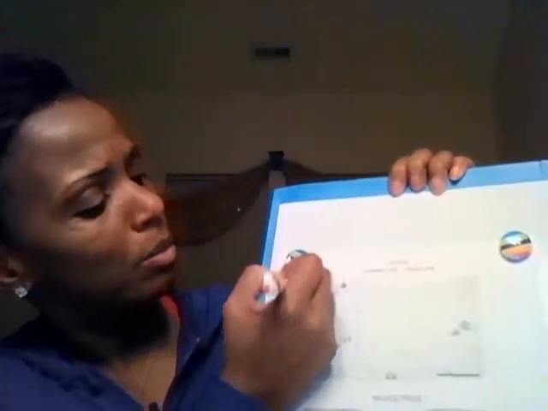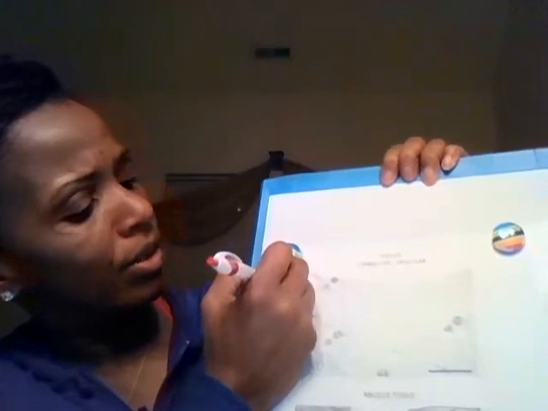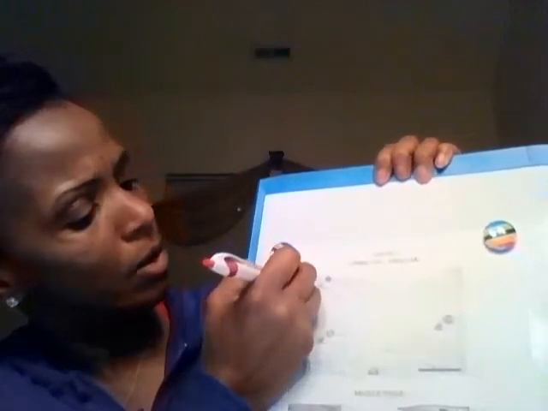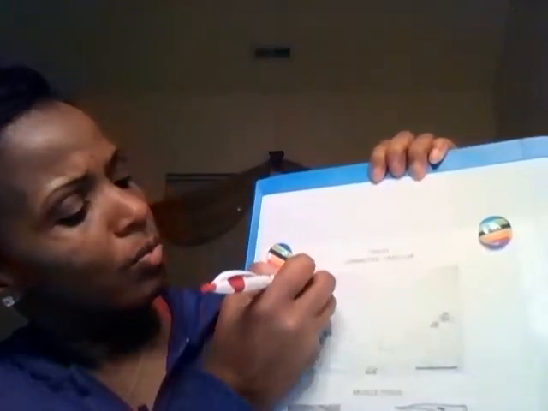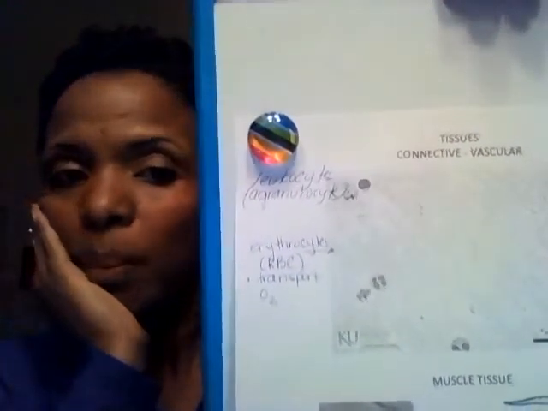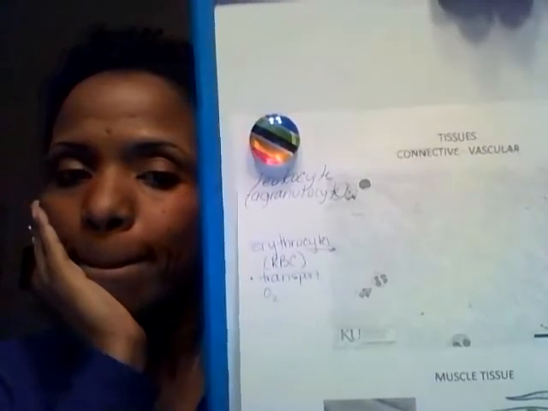So, this white blood cell that we see here is a leukocyte, yes, but it's an agranulocyte. While the ones that we see here, here, and here at the bottom, these are your granulocytes.